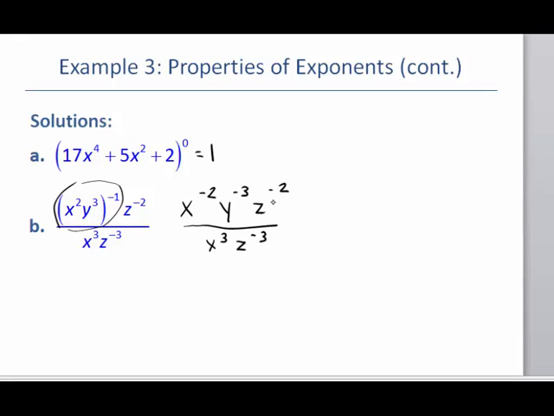Now, in most cases for students, it is easier to work the problem if the exponents are all positive. So let's take a minute and move things around so that all of our exponents are positive, and then see what we're left with. All right, so there's my fraction line. Let's take these things one at a time. x to the -2 is in the top part of the fraction with the negative exponent.